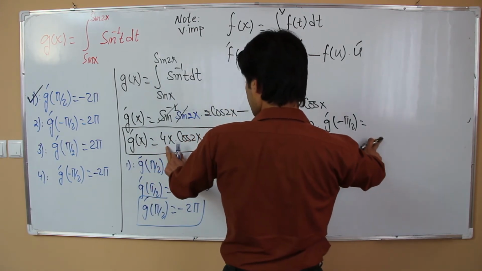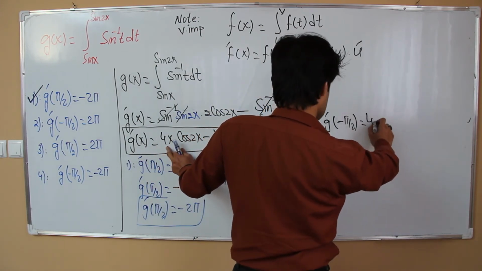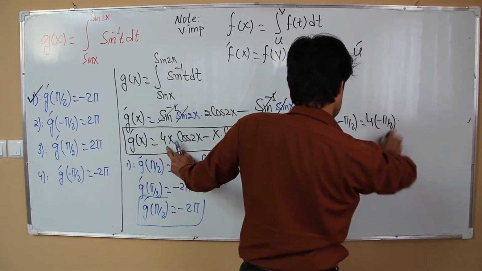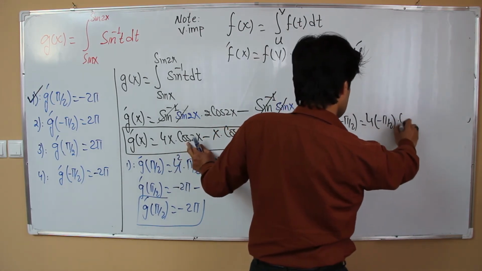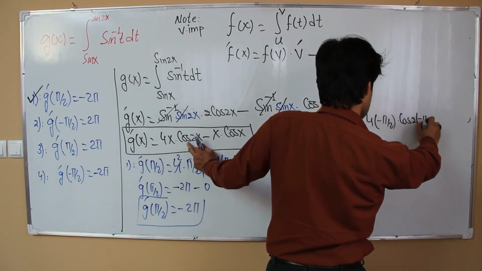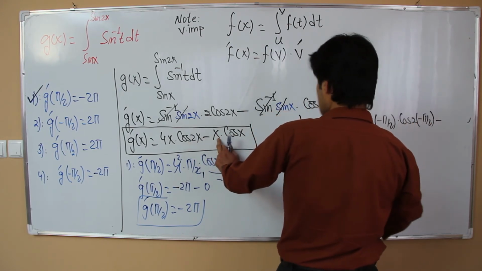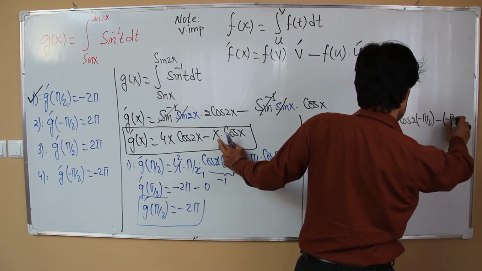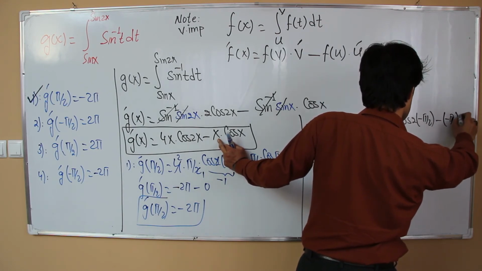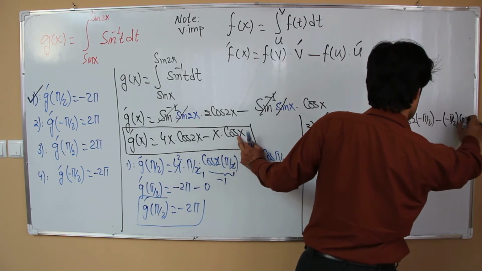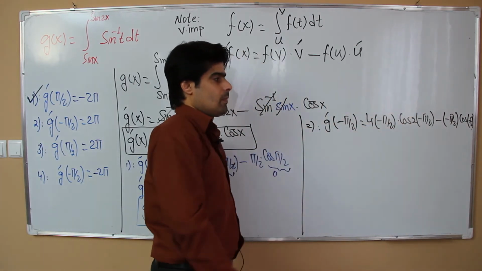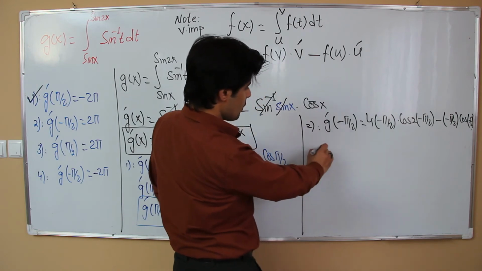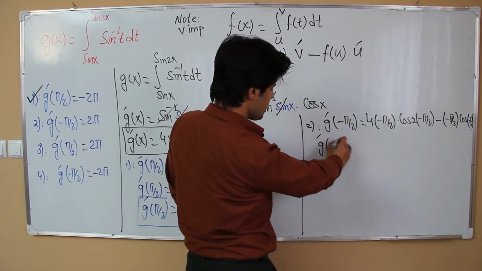It is equal to 4 instead of x minus pi divided by 2 times cosine 2 minus pi divided by 2 minus instead of x minus pi divided by 2 and cosine instead of x minus pi divided by 2. Am I right? Yes.